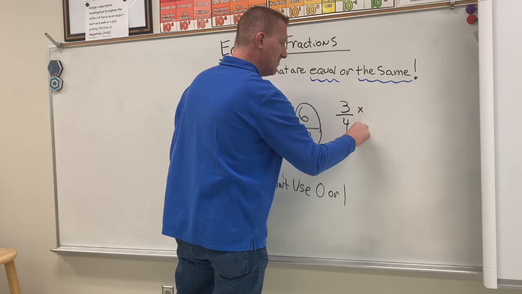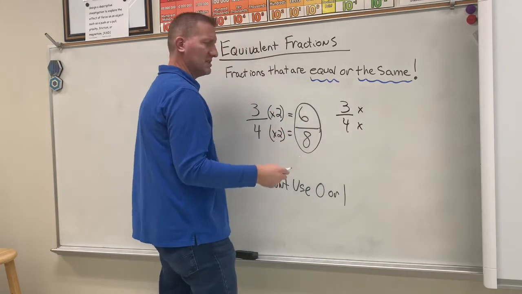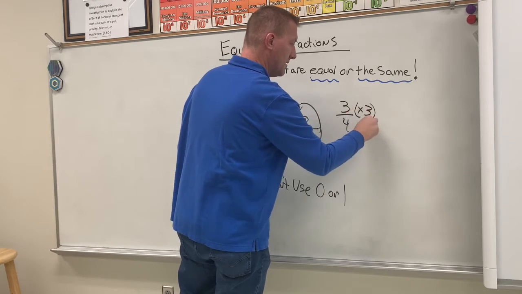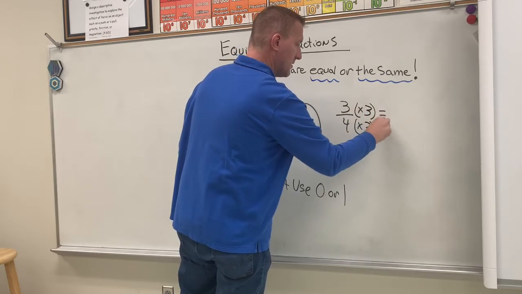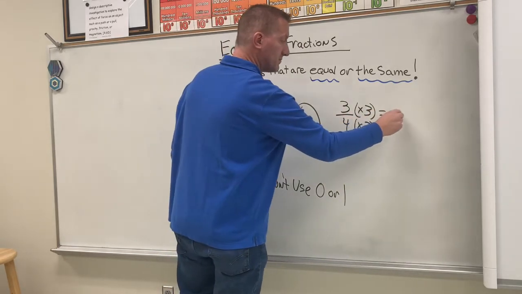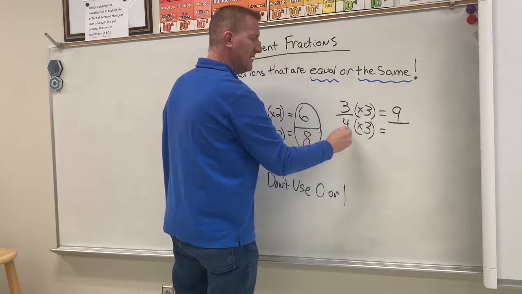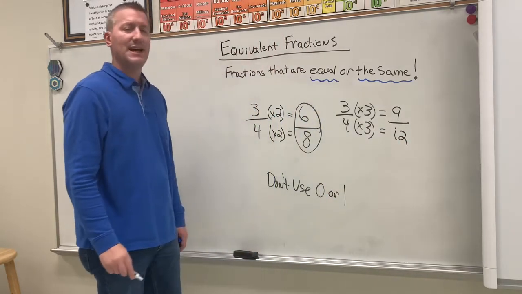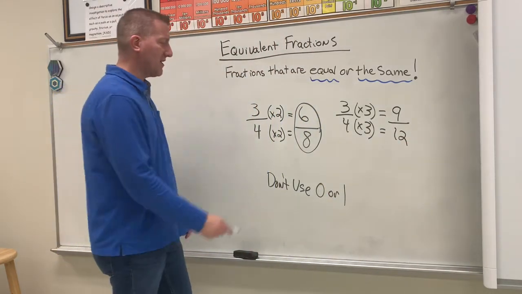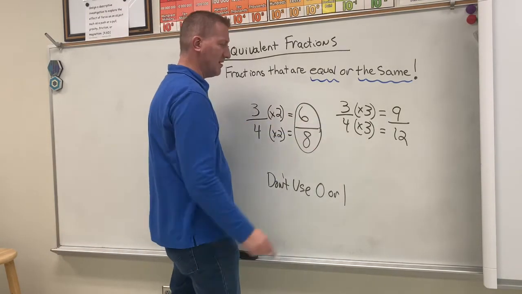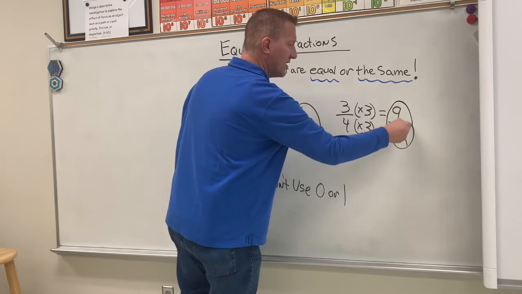Let's multiply both sides times 3. Okay, so you get 9/12. Okay, 9/12 is an equivalent fraction to 3/4, and it's equivalent to 6/8 also. So there's another equivalent fraction.